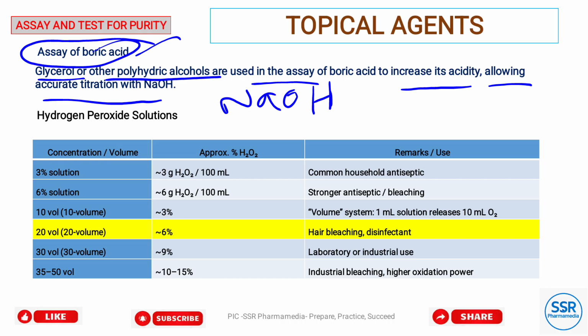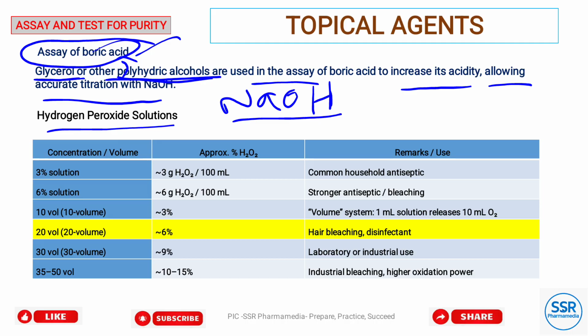That's why we are adding glycerol or polyhydric alcohol. This glycerol reacts with boric acid to form glyceryl borate. That glyceryl borate behaves as a strong acid. Then that strong acid is easily titrated with sodium hydroxide, with phenolphthalein used as an indicator. So that's why we are using glycerol.